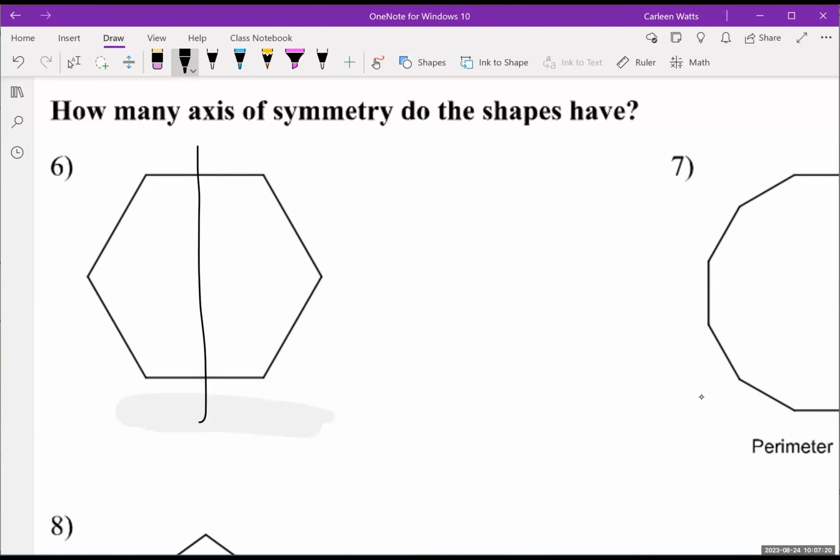The rest is going to get easier. Notice the right half maps to the left half. Or I could turn it. If I draw it there and turn your paper, can we see that the right half maps to the left half?